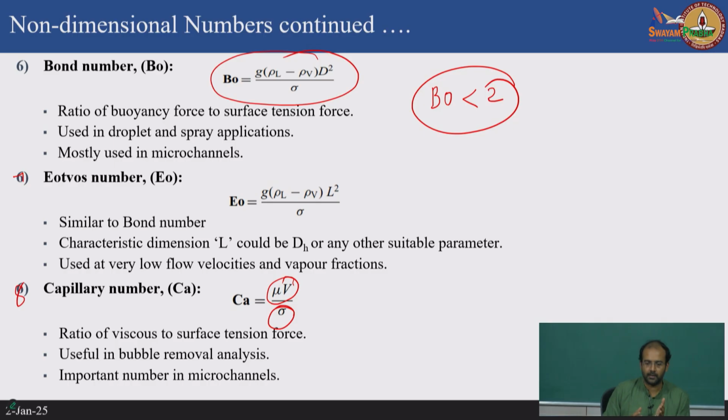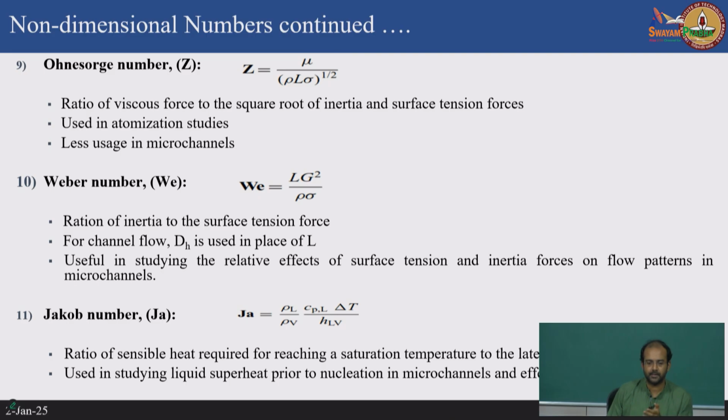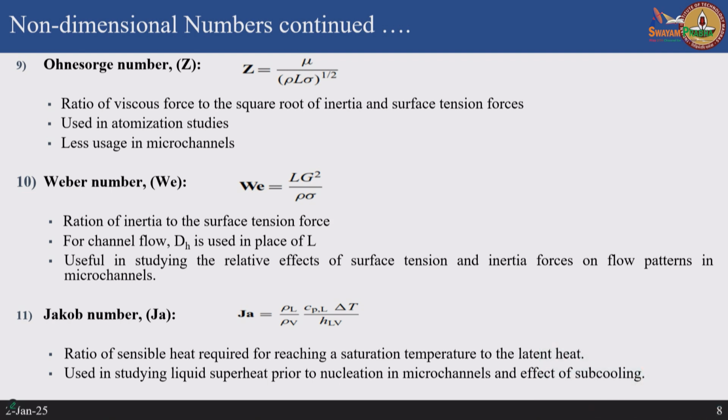Bond number is buoyancy by surface tension. Capillary is viscous by surface tension. Reynolds number is of course inertia by viscous force, and then Weber number is basically inertia by surface tension. So with these four forces you can define 3 or 4 non-dimensional numbers to include the ratio of these two forces.